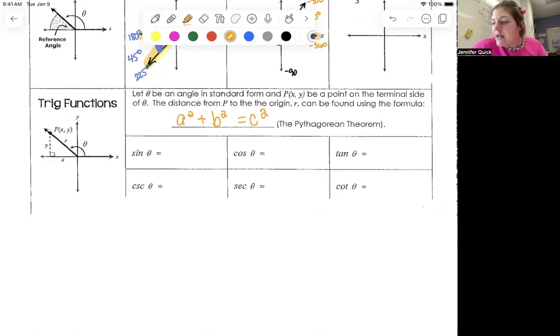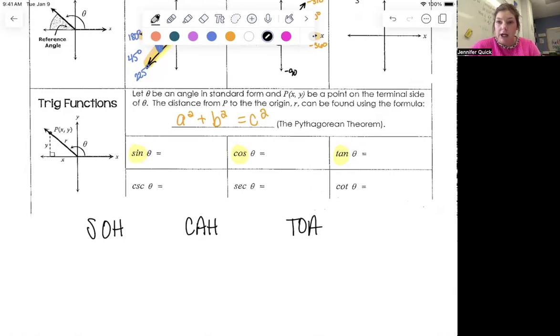Do we remember the trig functions, sine, cosine, and tangent? Maybe, maybe not. Maybe you remember this. SOHCAHTOA. Maybe you remember that.